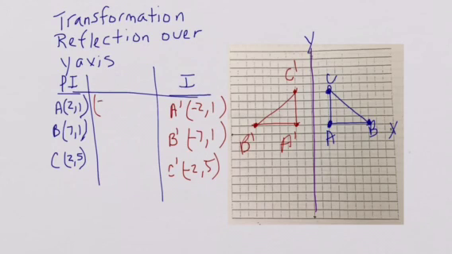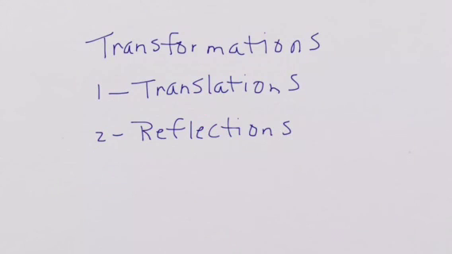So we're going to take 2 times -1, and our y-coordinate stays the same. And then we're going to do 7 times -1, and then our y stays the same. And then we're going to have 2 times -1, and our y stays the same. And that's translations and reflections.